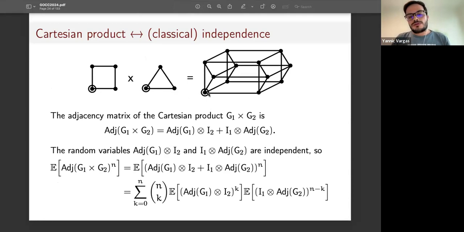The root vertex of the new graph is the one obtained by superposing both root vertices. And there is a way to calculate the adjacency matrix of the Cartesian product of two graphs. It is given by this formula.